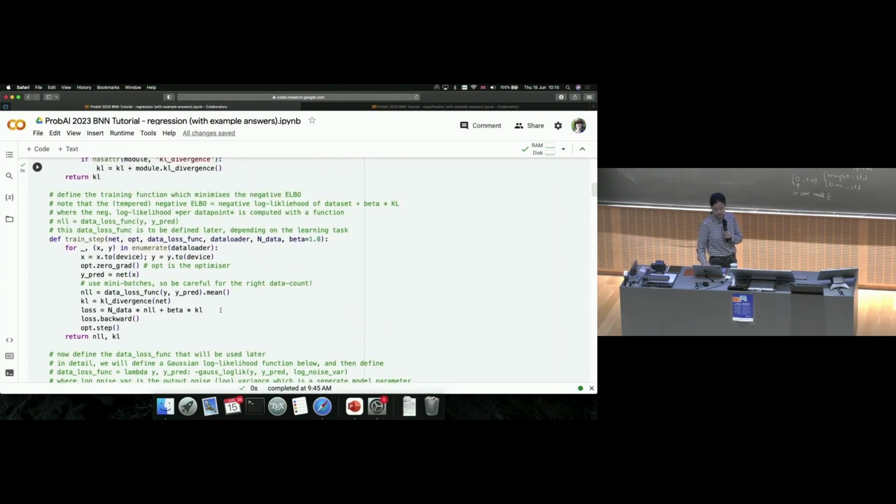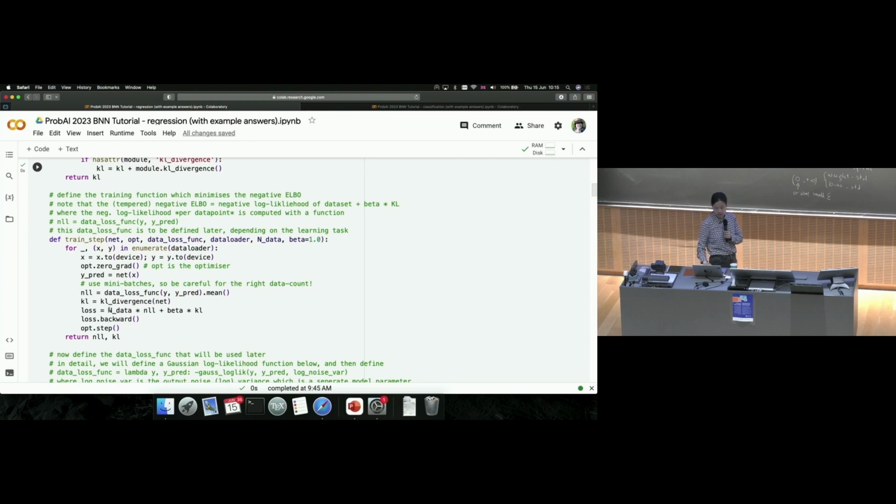And then in the implementation of the ELBO with mini batch estimate, remember we said that you need to figure out the right scaling for your data reconstruction term in order to have the right scale for your approximate objective. So this is basically how we do it. We compute the data loss function, basically the reconstruction loss, on a mini batch of data points and then compute the mean. So this is the 1/n part.